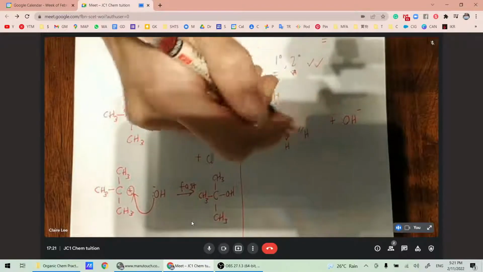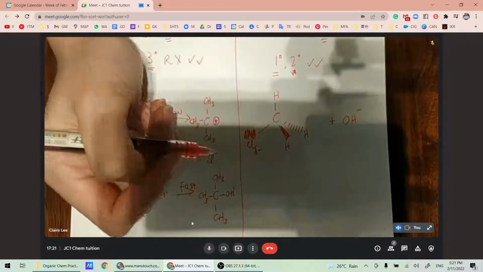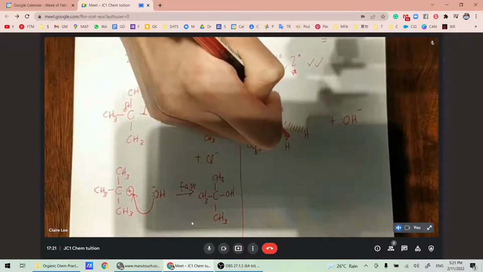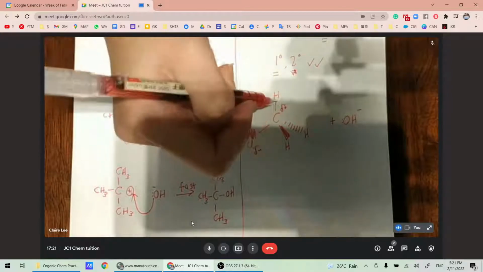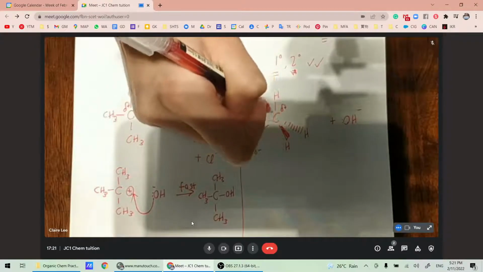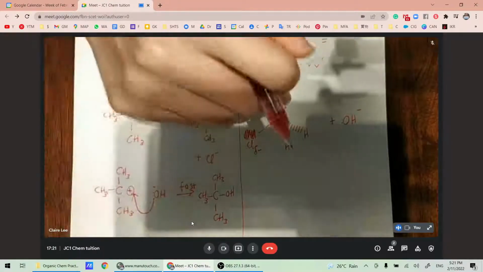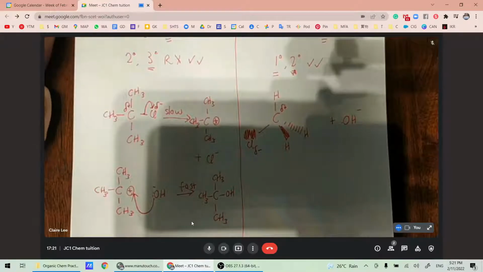And then I get OH minus. So this Cl carrying a delta minus, then this electron deficient carbon will carry a delta plus, because this carbon here is electron deficient since it's attached to an electronegative chlorine, which pulls the electron to itself.